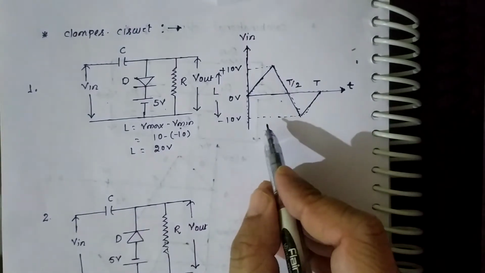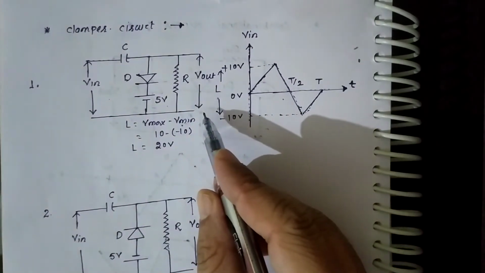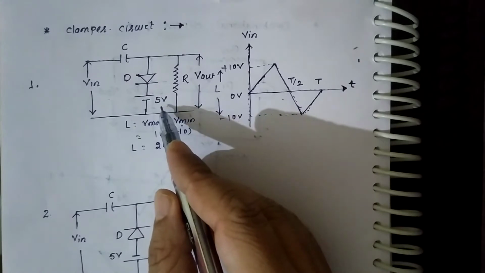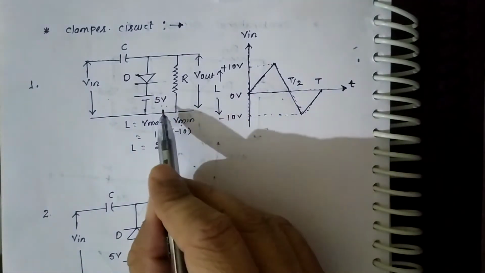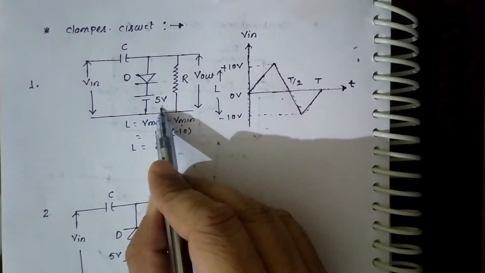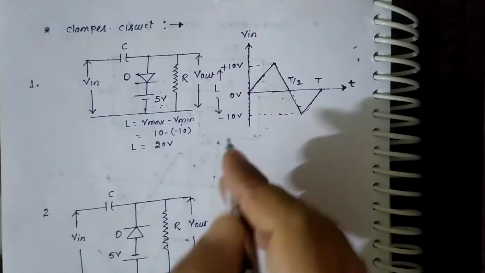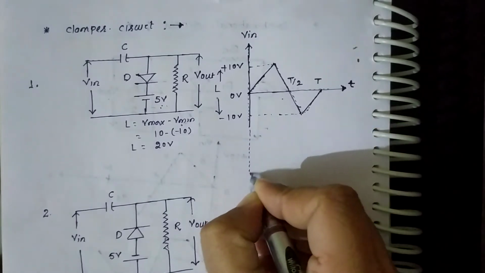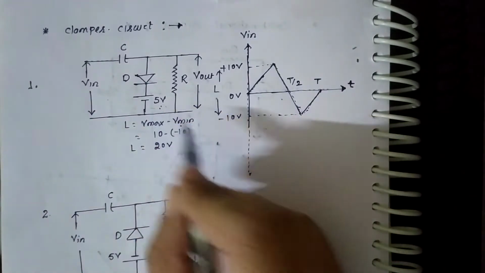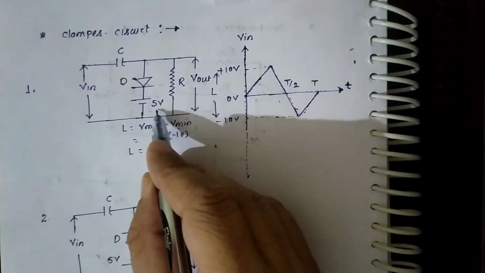Now to draw the output waveform, first we have to see what is the battery potential connected with the diode. So in this circuit, the battery potential is 5 volt. So to draw the output waveform, first you draw a horizontal line of plus 5 volt.